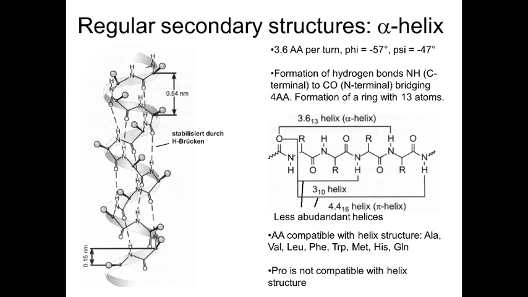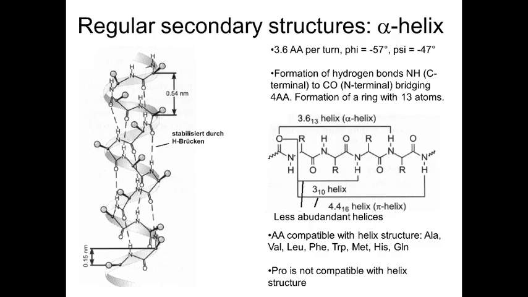So one hydrogen bond gives stabilization to the 4 amino acids in between, and in these hydrogen bonds, a ring of 13 atoms is formed.